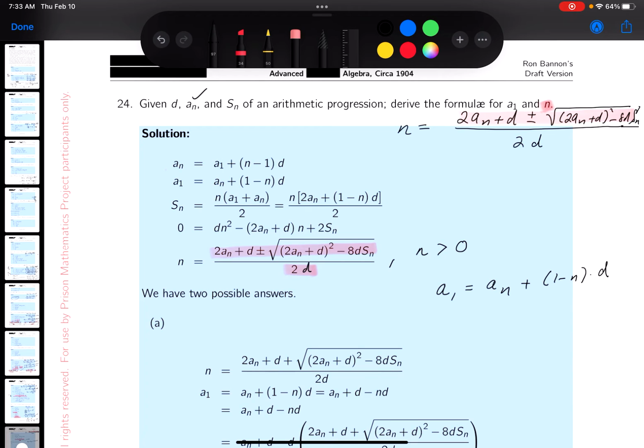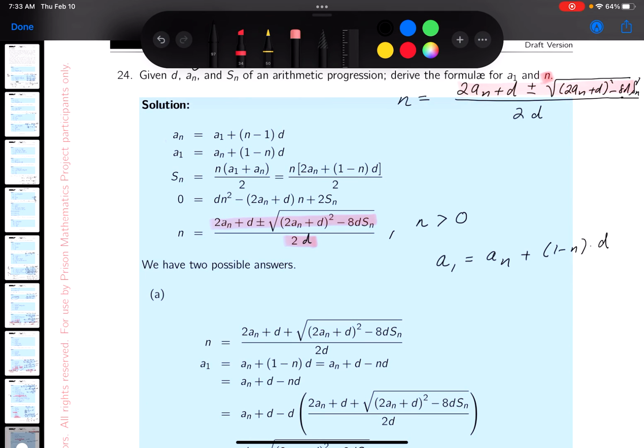Let me point out where it's written down. Well, I need to simplify. I'm sorry, I didn't do that part. This should be AN plus D minus ND. Right? That's written right over here.